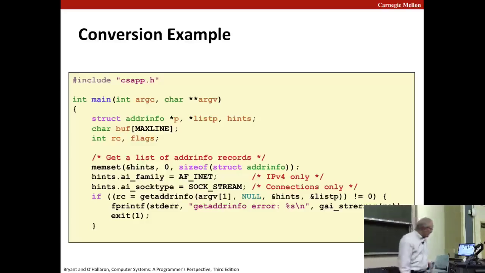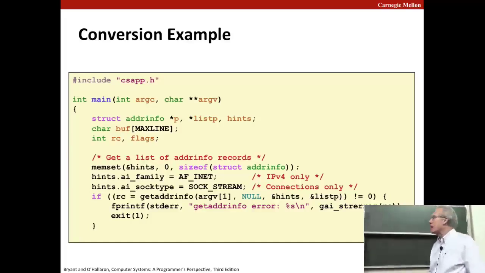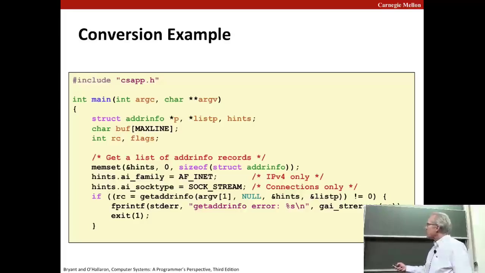And this is pretty much the way you write code for this getaddrinfo API. Hints is the information I'm passing about what I'm looking for here. And so you start typically by zeroing out that entire field and then setting the particular things you want.